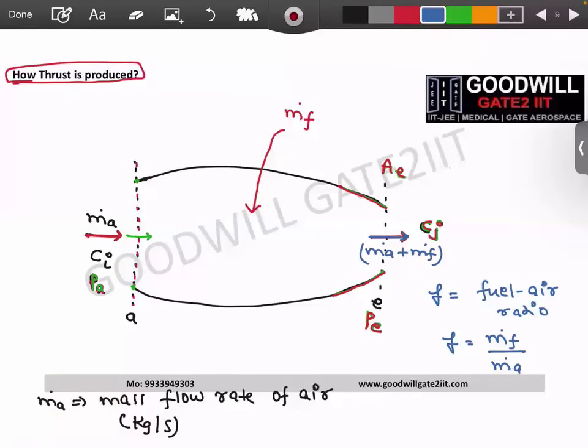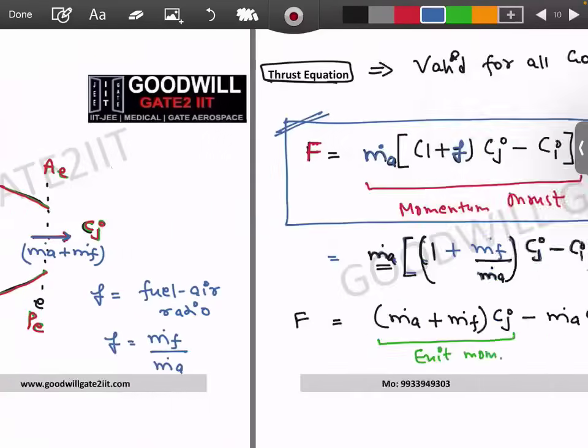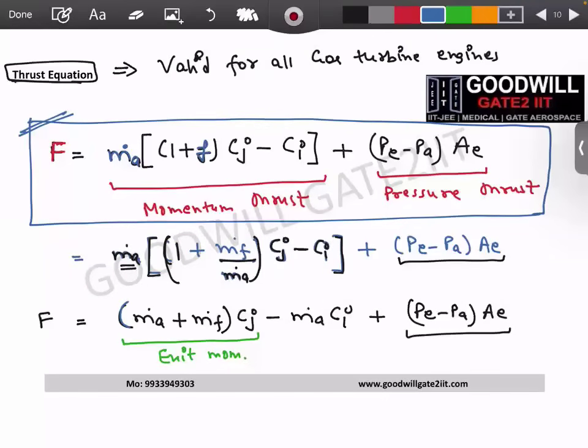Because air and fuel are added. So outlet momentum is mass flow rate into velocity. Velocity with which you are coming out is Cj. So this is exit momentum minus inlet momentum. But in books, you will find this term, inlet momentum drag.